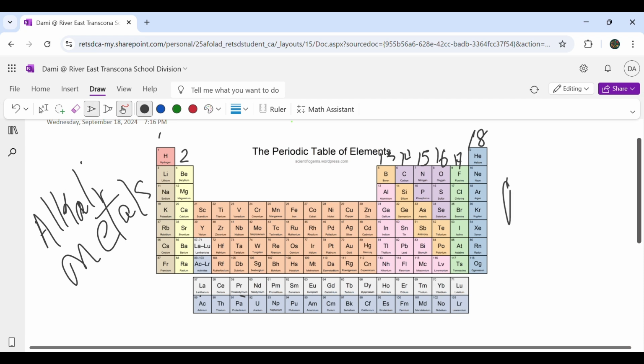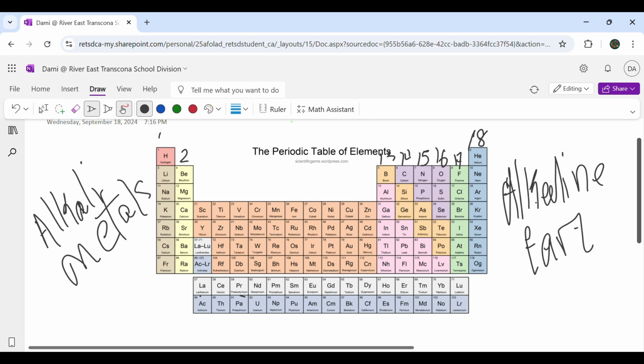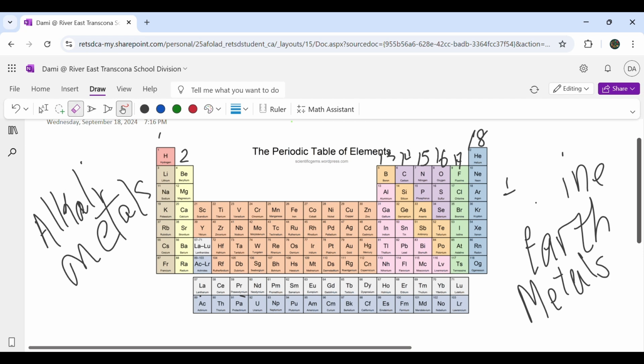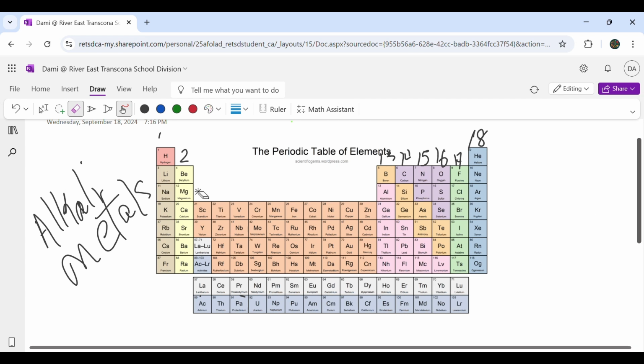The next metals, group 2, are called the alkaline earth metals. Can you guess how many valence electrons they have? If you said 2, you are absolutely right. Now you might be wondering, why is helium not part of this group, since it starts with 1, 2?